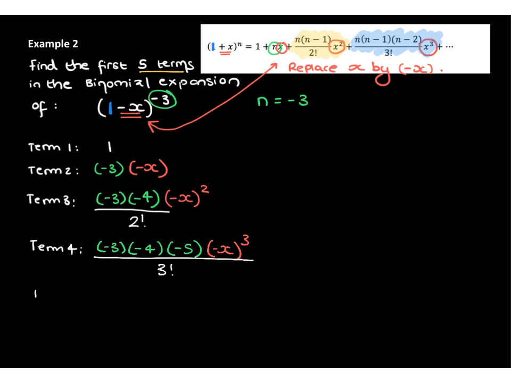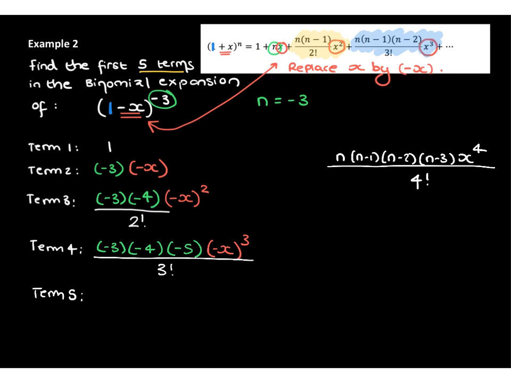And then our last term of the 5 that we need to work out, well, we don't have the formula written down here, but of course the pattern is going to continue. So it will be n minus 1, n minus 2, n minus 3, x to the power 4 over 4 factorial. So you need to be able to continue the pattern of the expansion, even if in the formula booklet, for example, you can only see the first 4 terms written down.